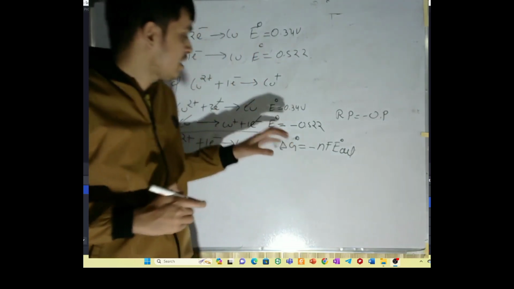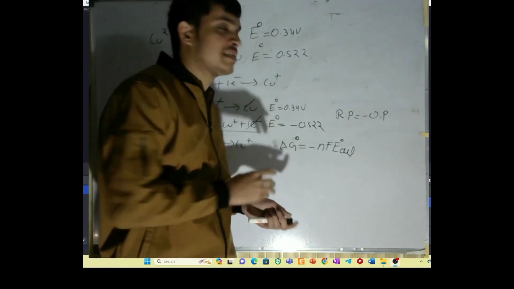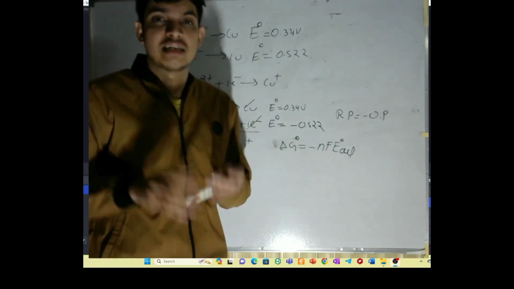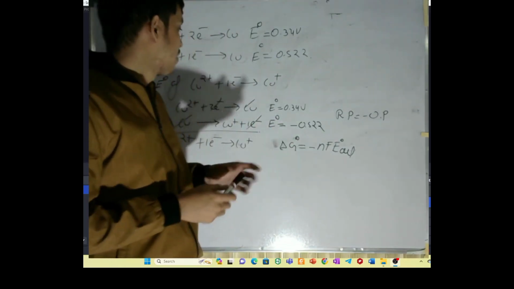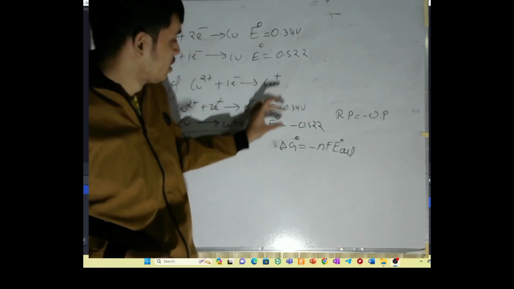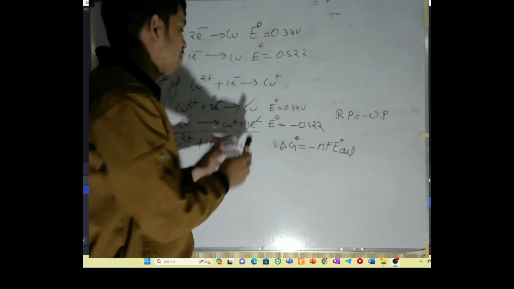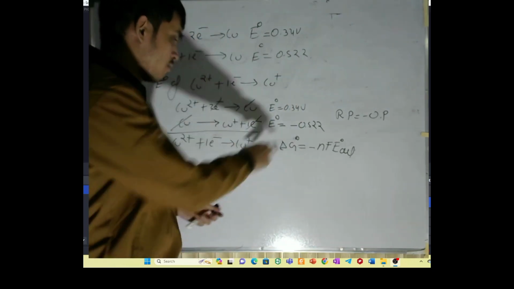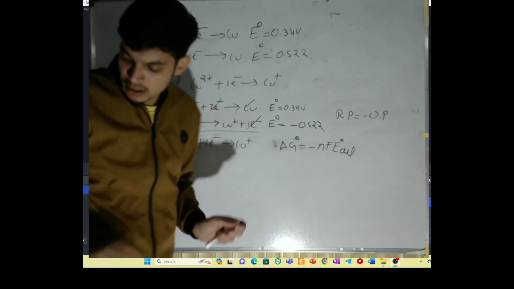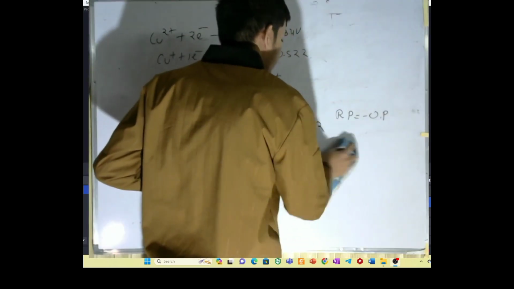Now standard free energy change is an extensive property, meaning we can add it. So first we will calculate the standard free energy change of these reactions, then add them for the third reaction. From that we can calculate the standard electrode potential of this reaction.